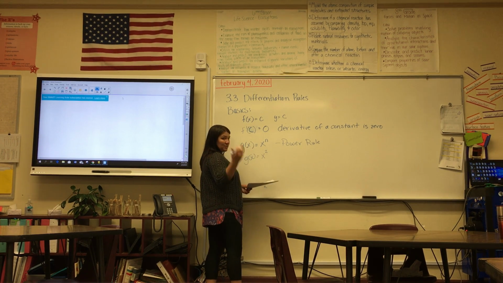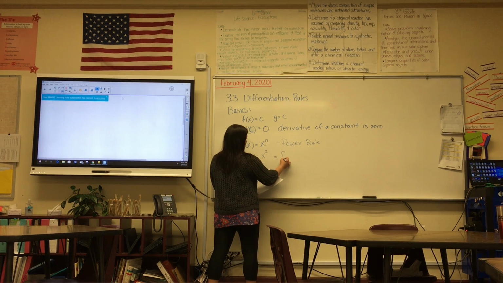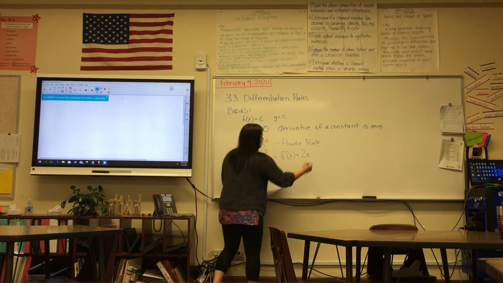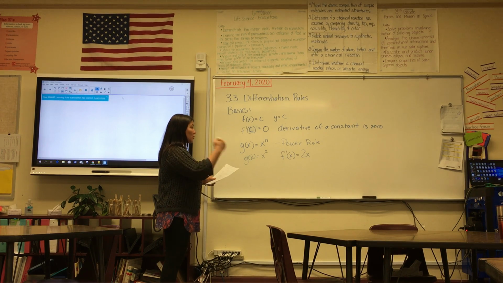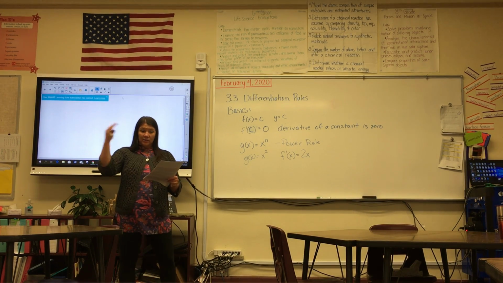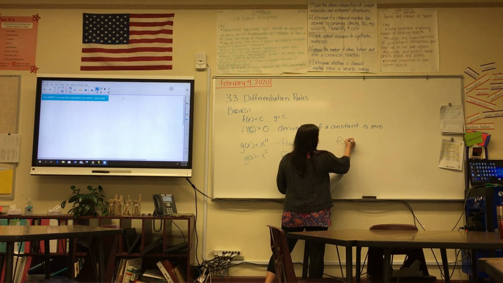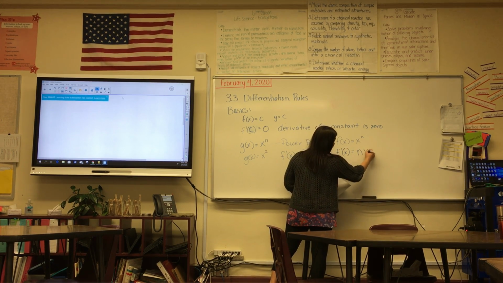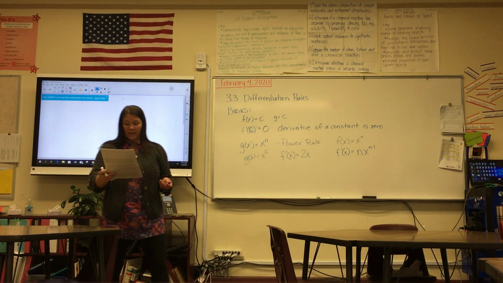You know from earlier that the derivative is 2x. So our rule for all x's raised to a power: if f of x equals x to the n, f prime of x, or the derivative, is nx to the n minus 1. That's our power rule.